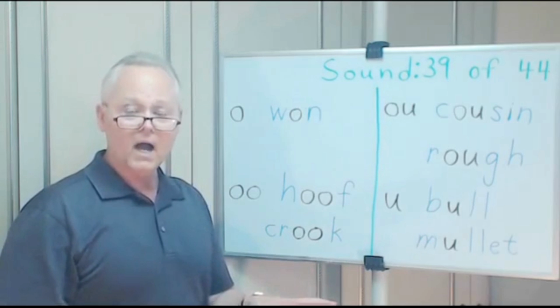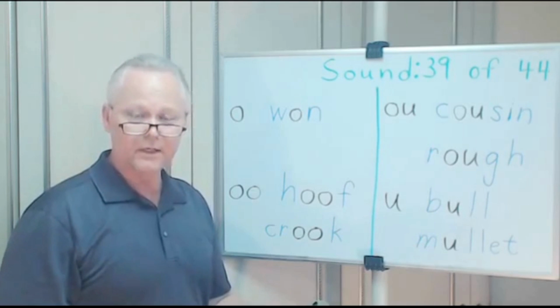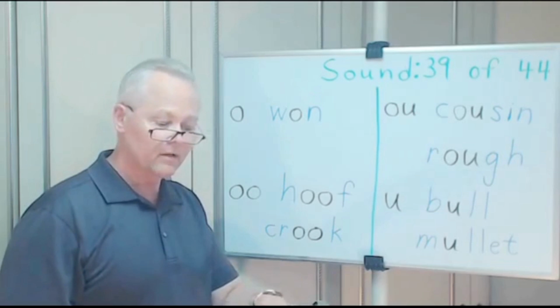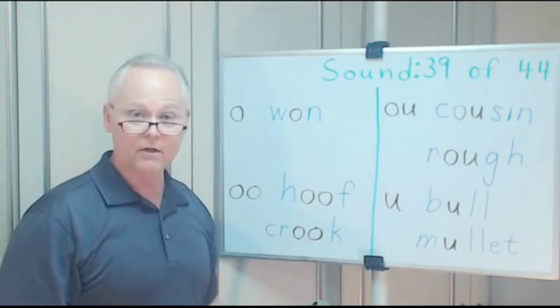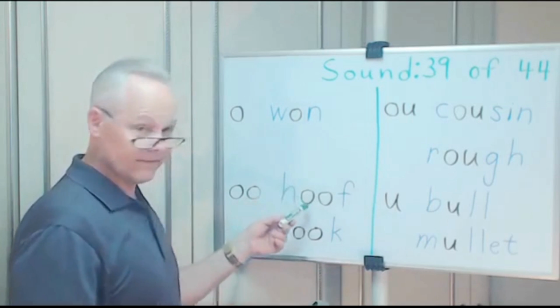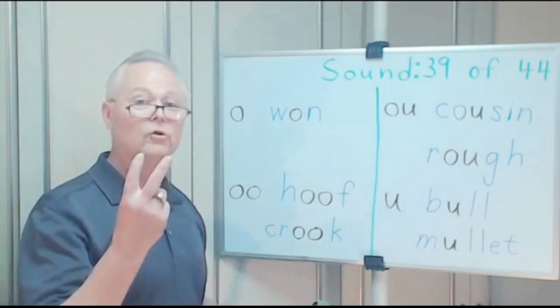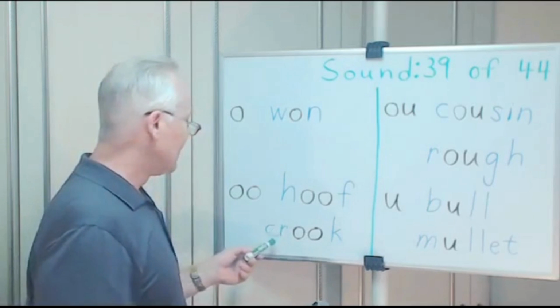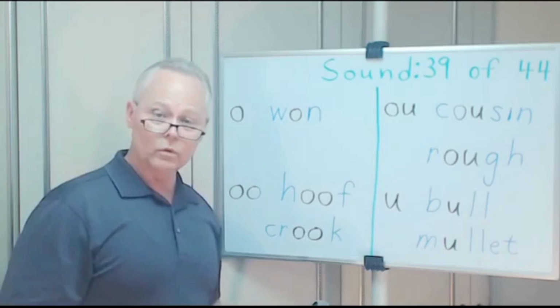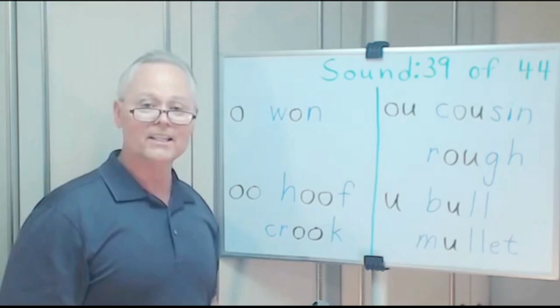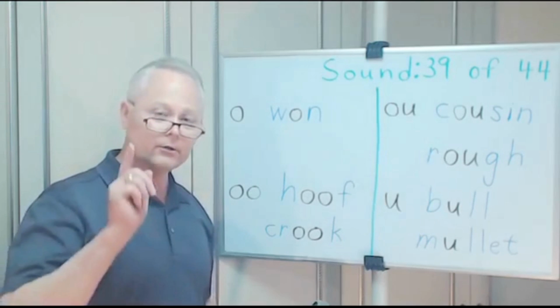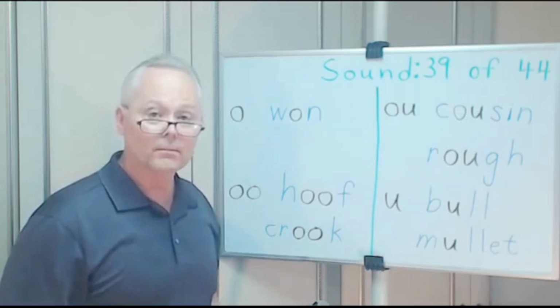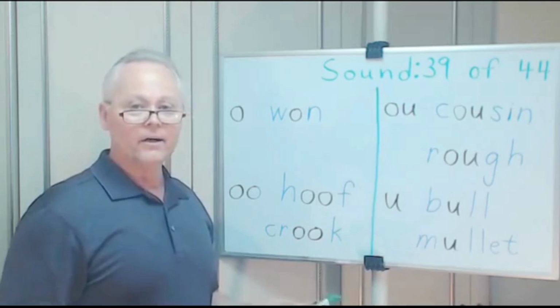The foot of a cow is also a hoof. We call that a hoof, but it's a split hoof, like that of a camel or a goat. Hoof. One hoof, 2 hooves. A crook. Well, a crook is someone who is not honest. They're going to cheat you out of your money if they can. They're a crook.